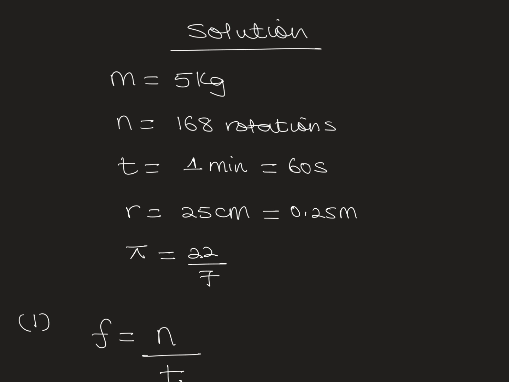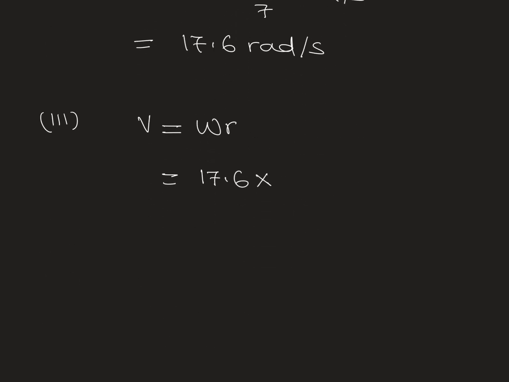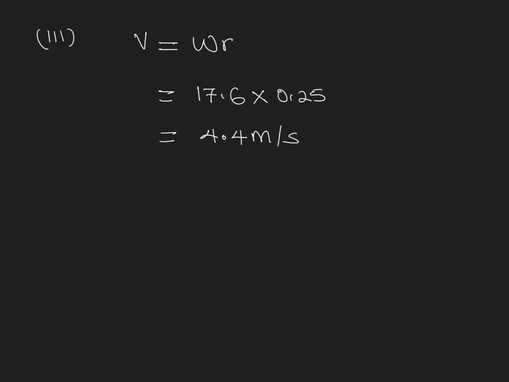Okay, by dividing it by 100, you will have 0.25 meters. So that is going to be times 0.25. So 17.6 times 0.25, we will have 4.4 meters per second as the linear velocity.